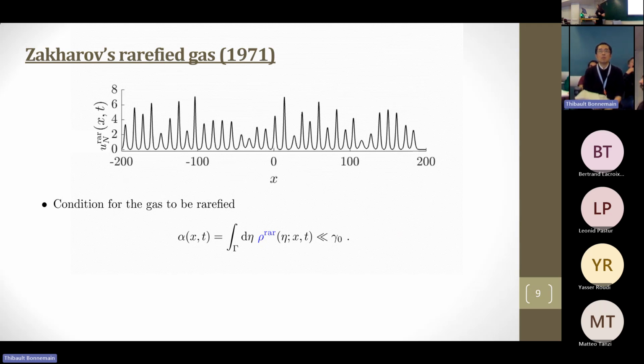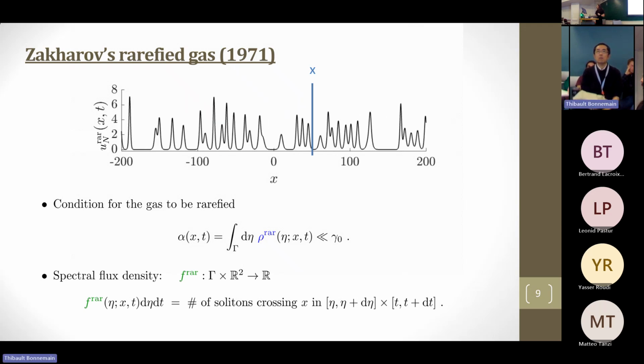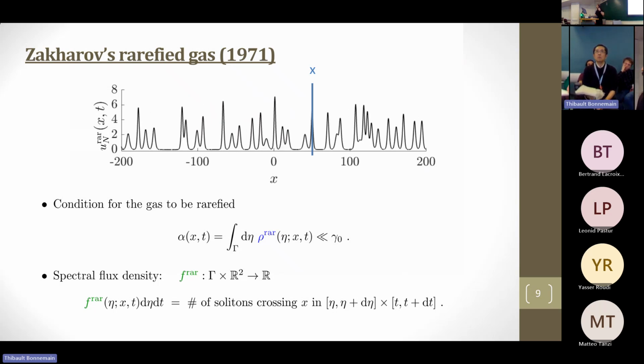And I want to introduce this spectral flux density, and this counts the number of solitons that are passing through position x around time t and with spectral parameters around eta. Okay. So the density of states and the spectral flux, those are the objects that I will use to characterize my spectral gas from now on. Okay.